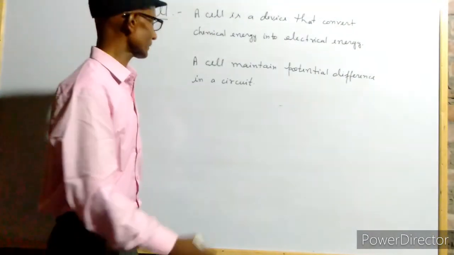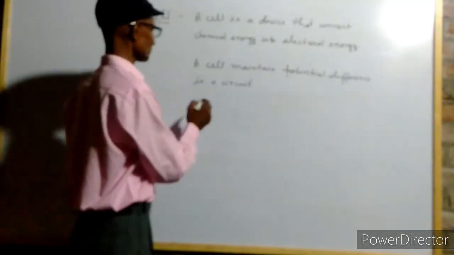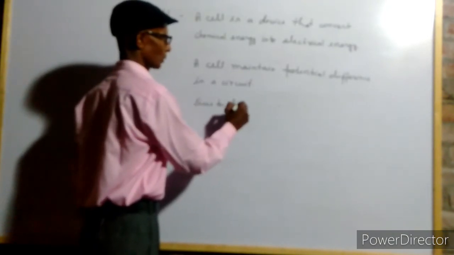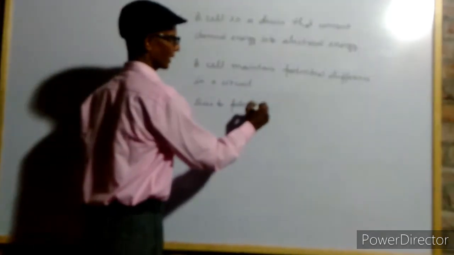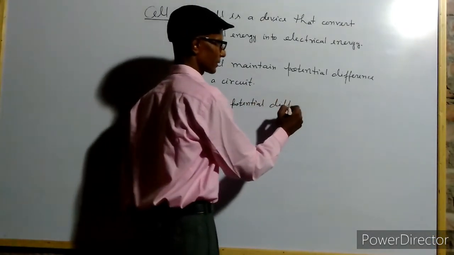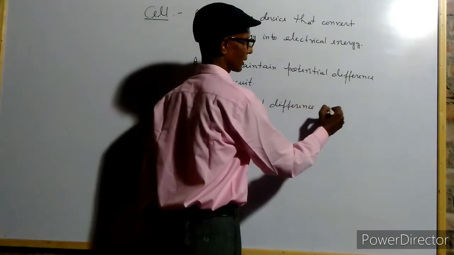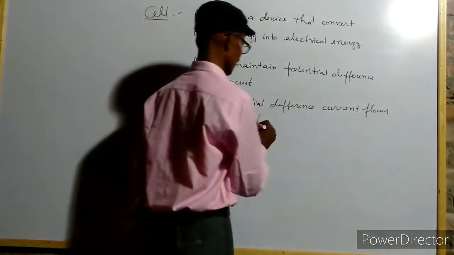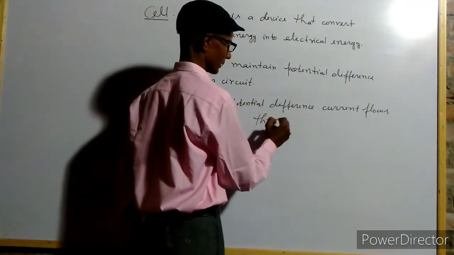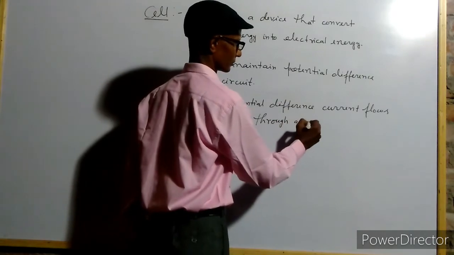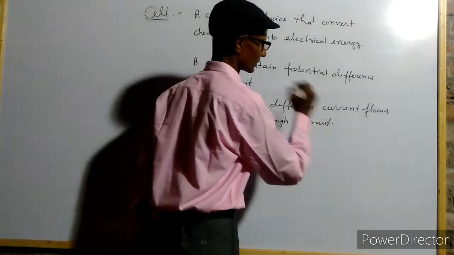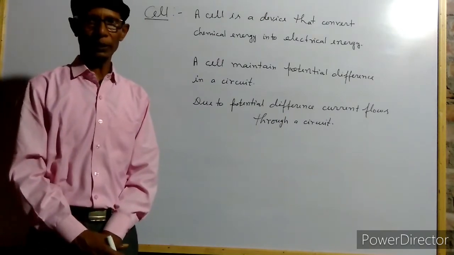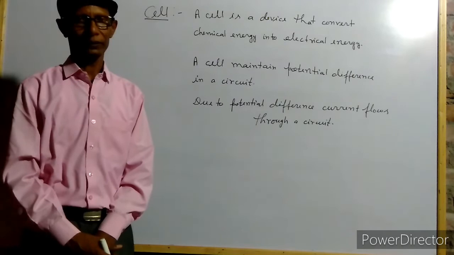Okay, electric circuit, due to potential difference current flows through a circuit. It means potential difference is responsible for the flow of current.